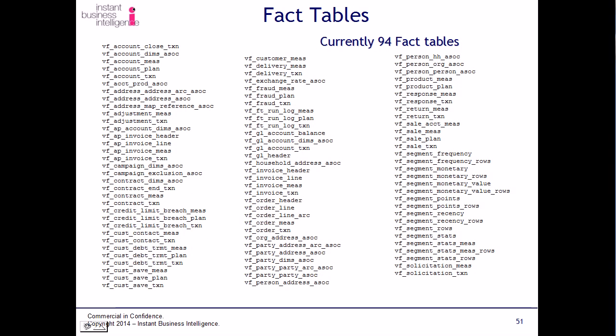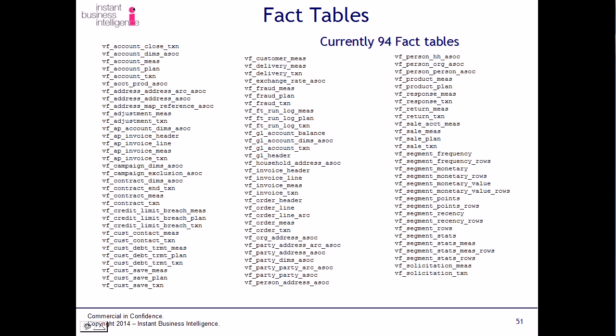We have the file transfer run log. So within every data warehouse, there's lots of file transfers going on, and we include the file transfers in the data model. So we have a file transfer run log transaction. We have plans and measures against the file transfers.